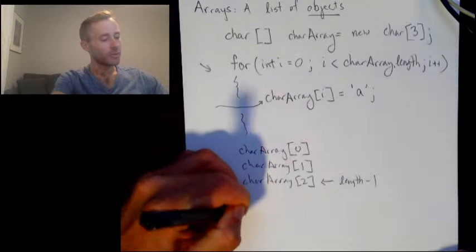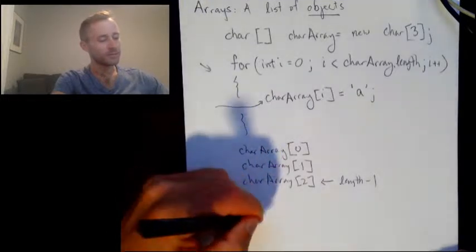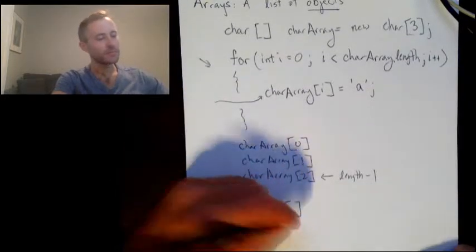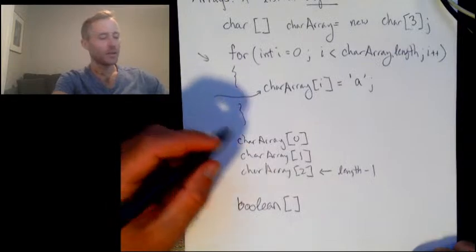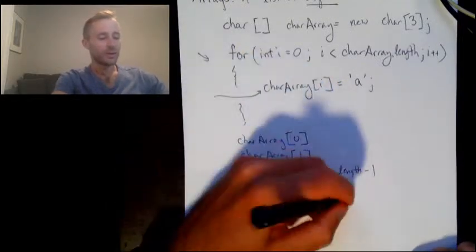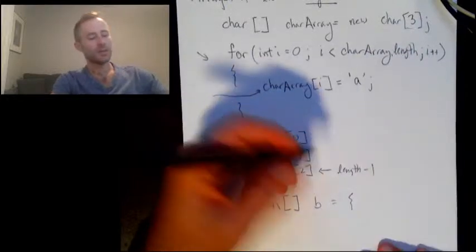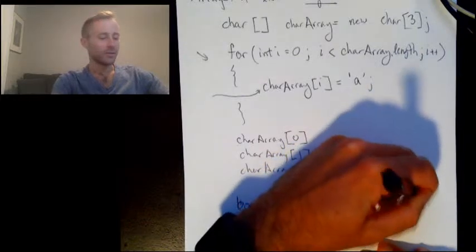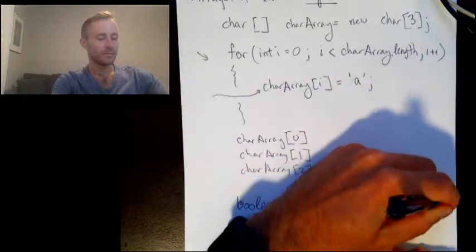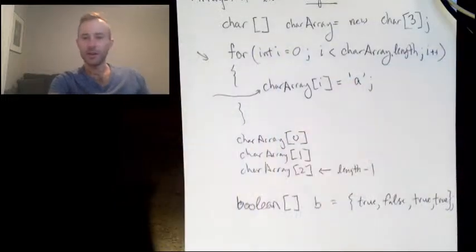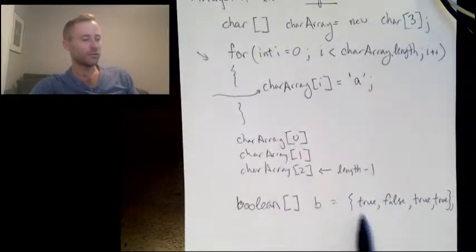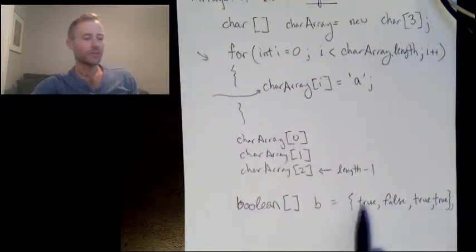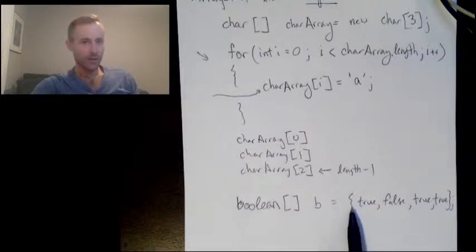So maybe I say Boolean array, and I'm going to call it b equals, and I'm going to say true, false, true, true. So you just put the values in between curly brackets. You separate them by commas. So this is basically creating an array of length 4.